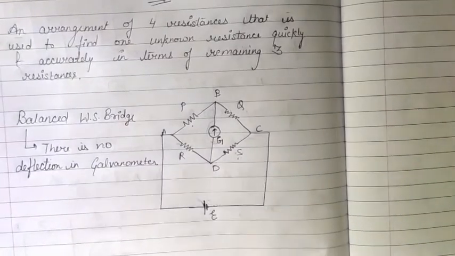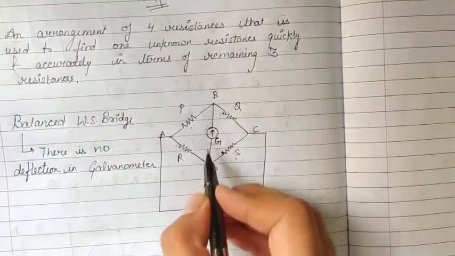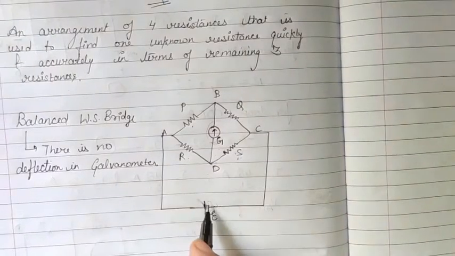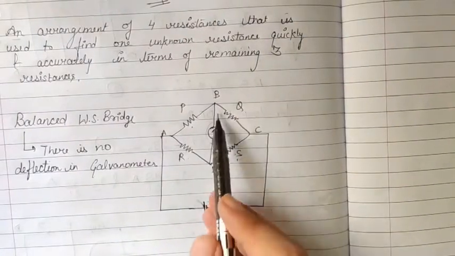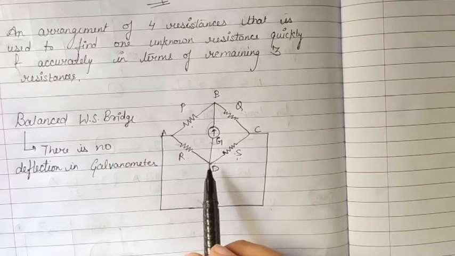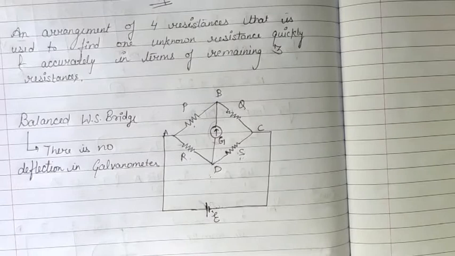That means there is no current flowing through the galvanometer or through the arm BD. Now in this condition the bridge is said to be balanced, and at that situation the potential difference across the galvanometer is also zero. There is no potential difference between point B and point D, or we can say that both are at same potentials.